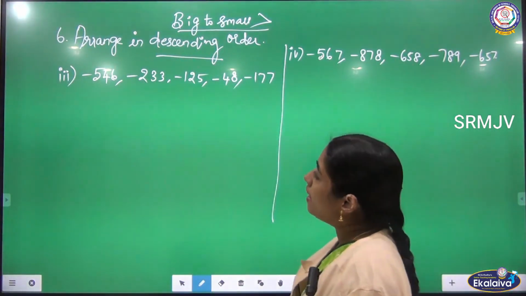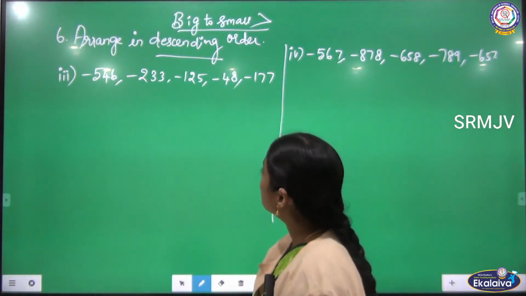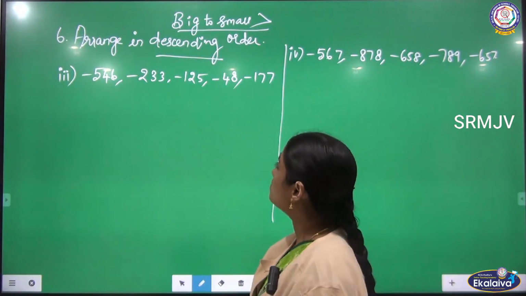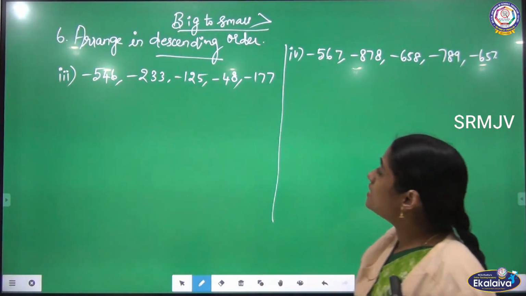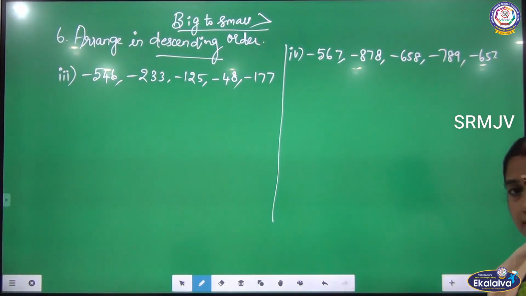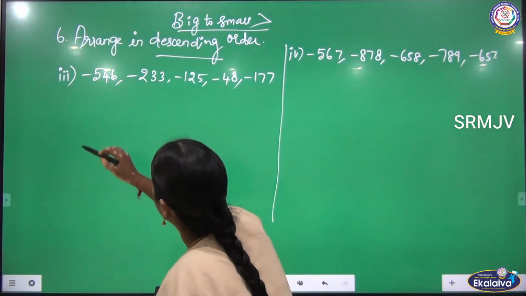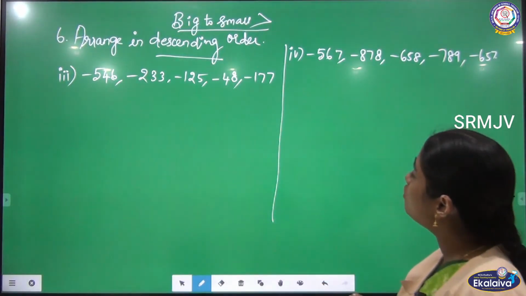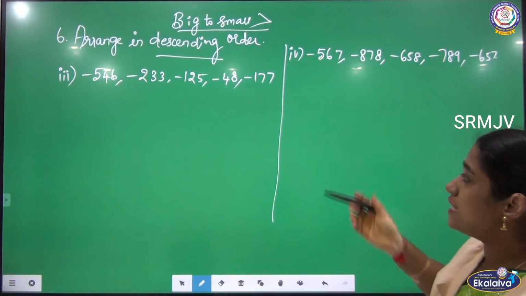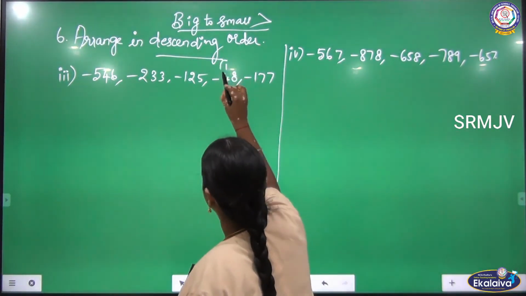Listen. Minus 546, minus 233, minus 125, minus 48, minus 177. See, from this I am going to arrange big to small. Which one is the biggest here? Minus 48 is the biggest one.